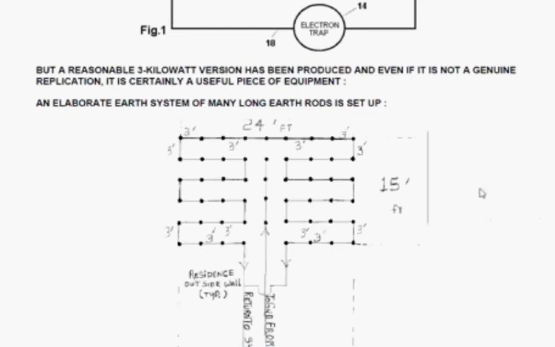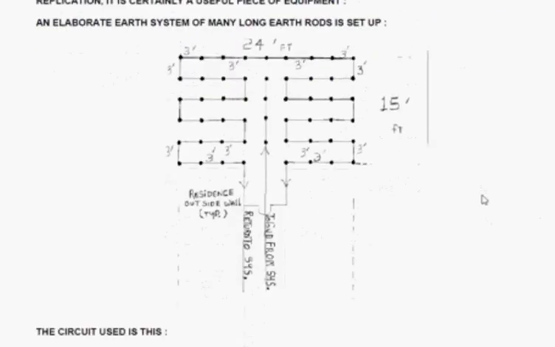But the system has been replicated. And as the power is flowing from the earth into your load, the way that you manage to earth your system is very important. This is an exceptionally effective method here. These dots here represent 8-foot-long copper rods being driven into the ground.